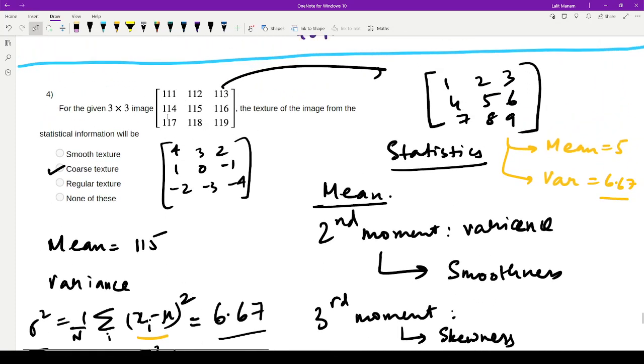The first is the matrix given in the question, and the second is something I generated. What do you think the uniformity is? It should be the same, because the differences from the mean will still be the same. Yes. Intuitively it seems like this one is more uniform and this one is less uniform.